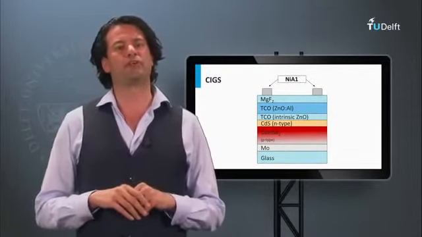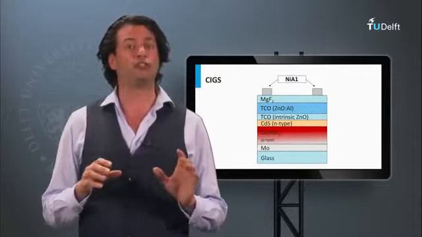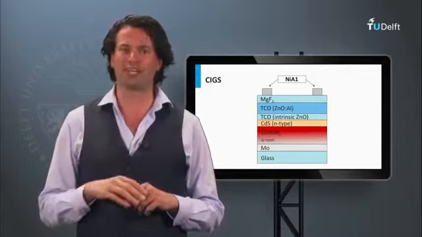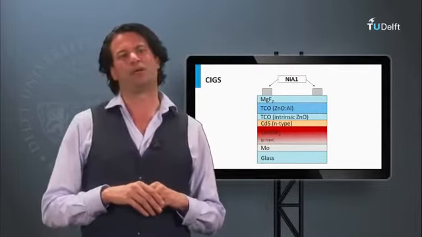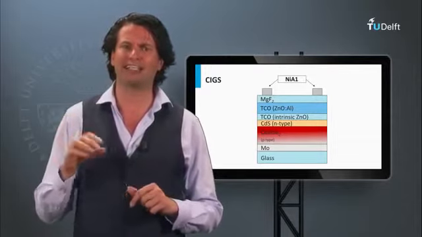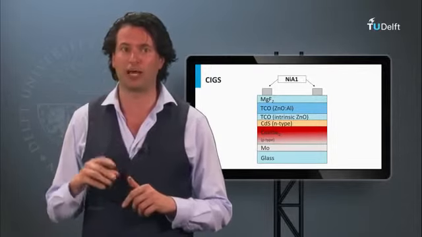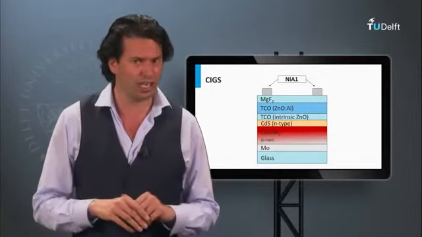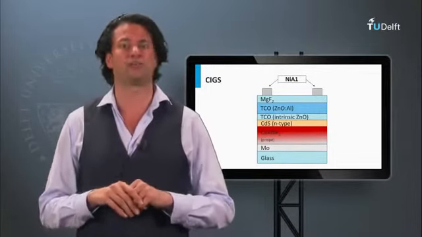Another thin film PV technology based on a chalcogenide alloy is CIGS, which stands for copper, indium, gallium, selenide. Among the thin film PV technologies, it has the highest demonstrated conversion efficiency on lab scale, just above 20%. It belongs to the second generation PV technology as well.